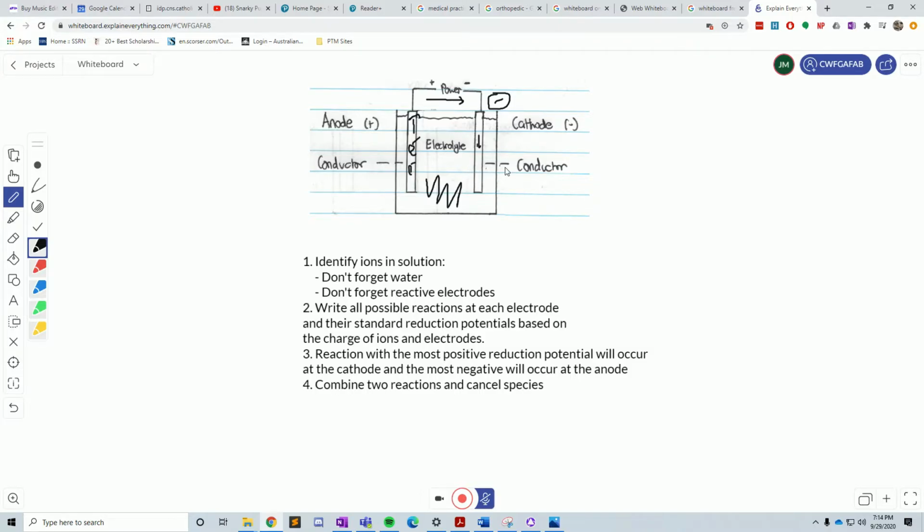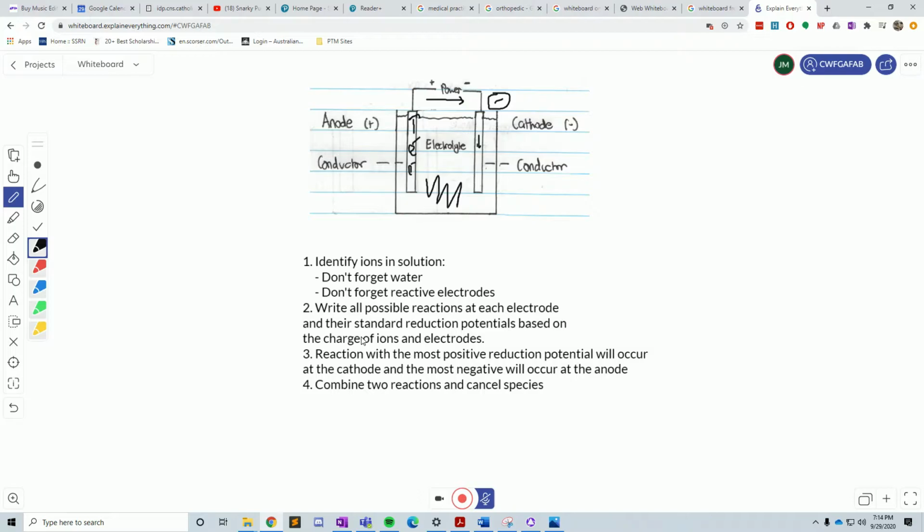For example, if these electrodes are copper, copper can undergo redox reactions, so it might actually react. However, if the anode or cathode is made out of platinum or carbon, then it's considered unreactive. Yes, so first step, identify ions in solution.